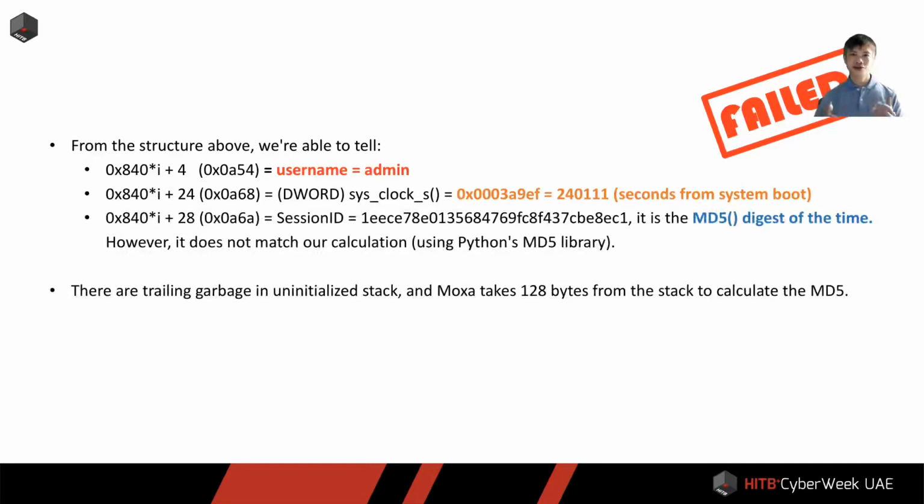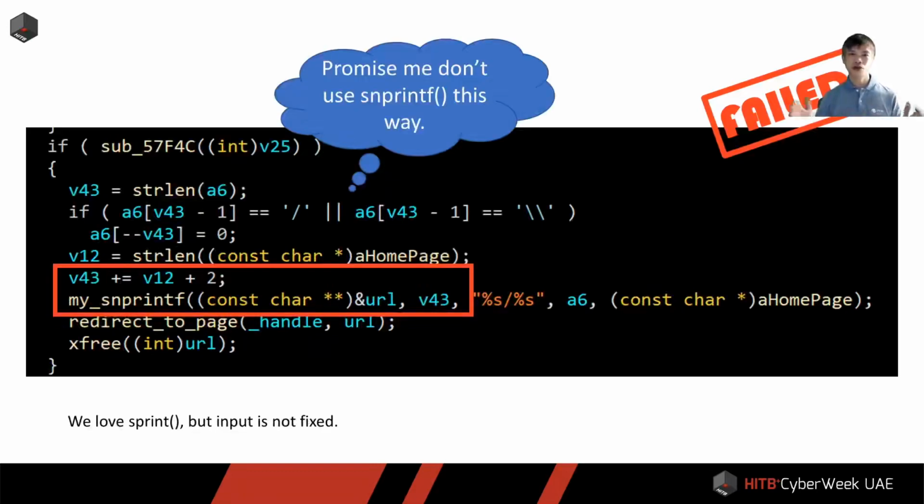And this is another failure. As a reverse engineer, we really like to see sprintf with %s. Sprintf means there's a chance of buffer overflow, and %s means you have the chance to control the input. Even though Moxa is using snprintf here, that's actually not safe because the length is taken from the input, so it's equivalent to doing an sprintf without the real length of the buffer.